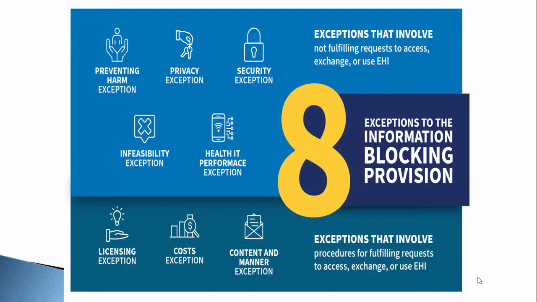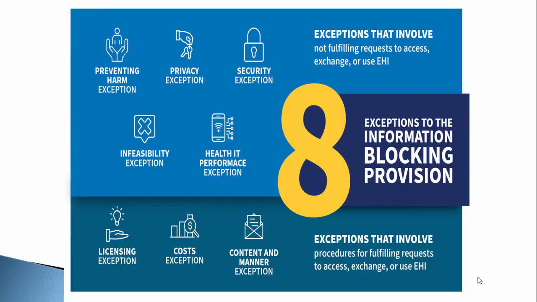There are 8 information blocking exceptions. It means if you're not going to provide access to a patient and later other parties that are asking for patient information, you can say, hey, I'm not going to give it to you because I've got a privacy issue or a security issue, or we believe it'll cause harm.